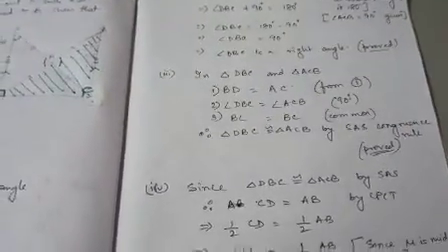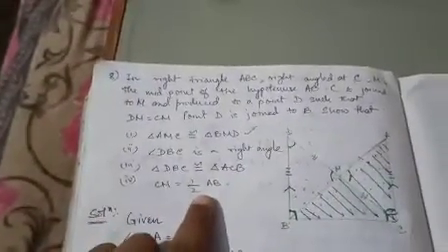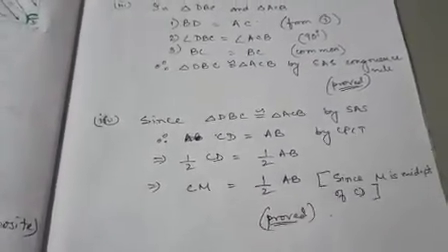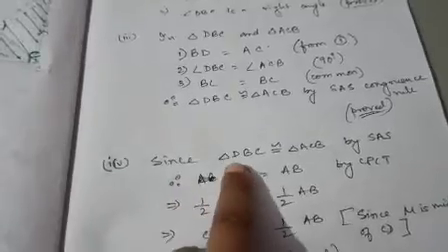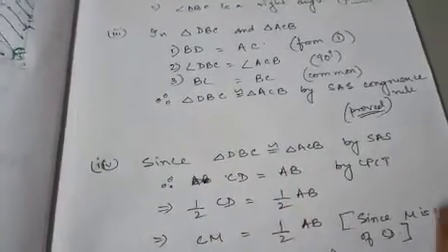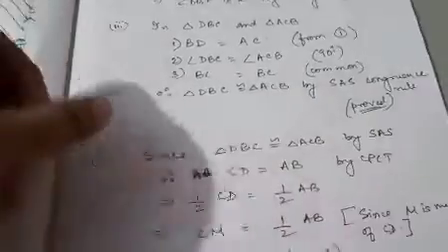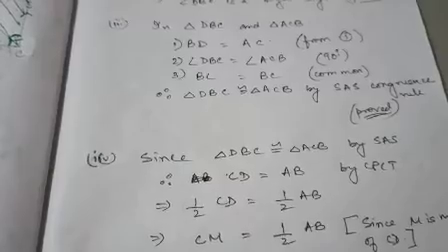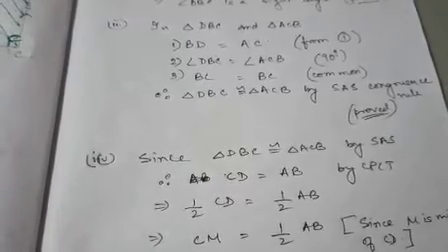Now our fourth was CM is equal to half of AB. This equation we have to prove. So we come to question number 4. Since triangle DBC is congruent to triangle ACB by side angle side, which is proved, we can say CD is equal to AB by CPCT.